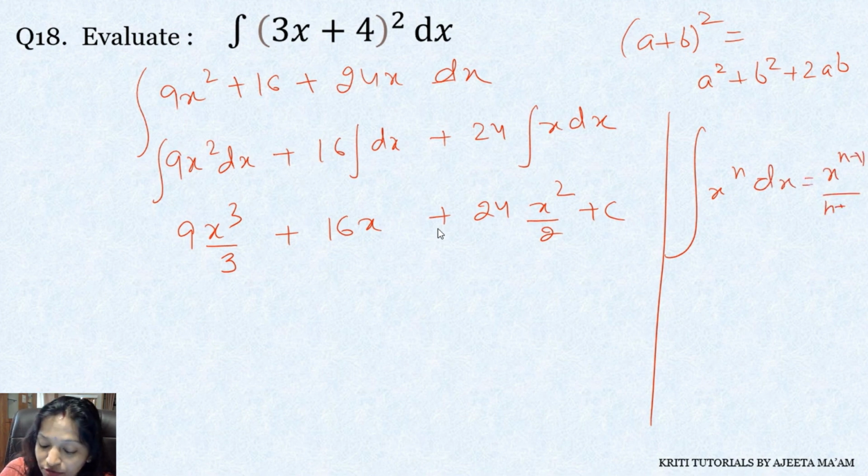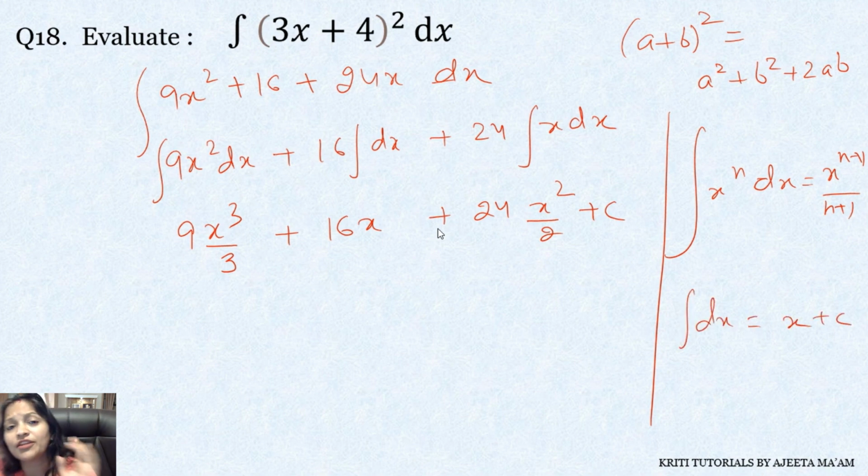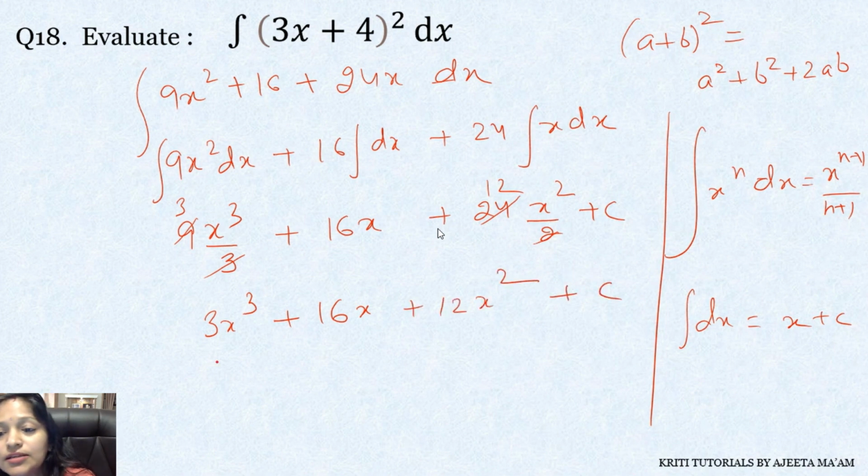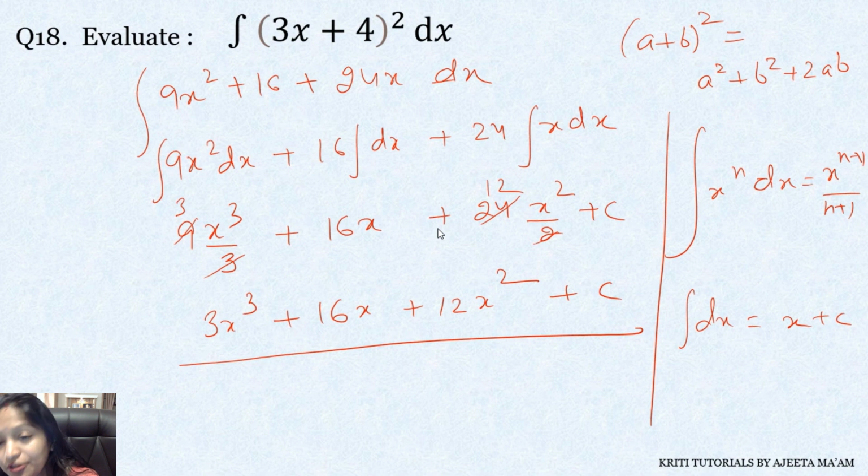And the other formula that we have used here, integral of dx is x. So constants will get added up all. So that's why we write only constant once. So now here if we cancel it out, we get 3x cube. Here we get 16x. Here we get 12x square plus c.